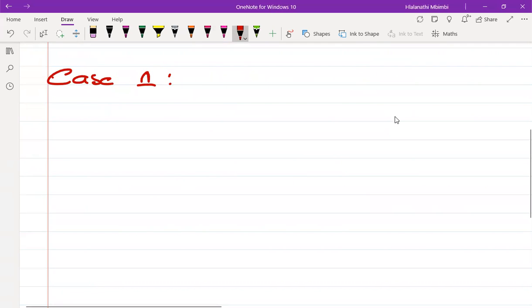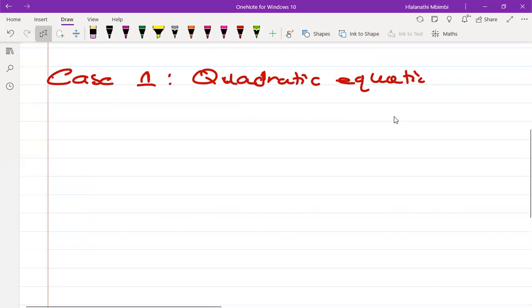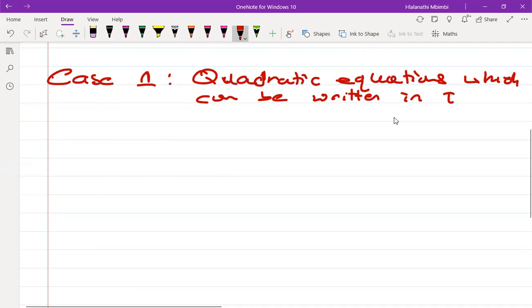So case 1 is basically quadratic equations which can be written in the form of a product of factors is equal to 0, right?